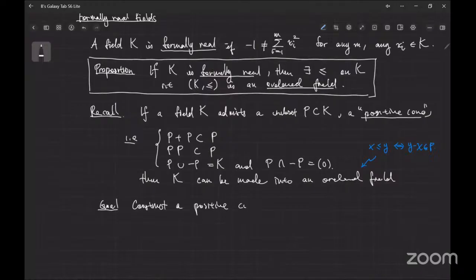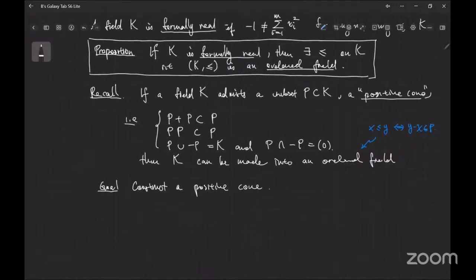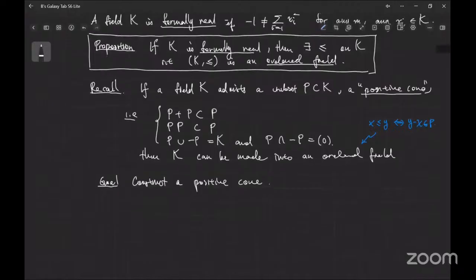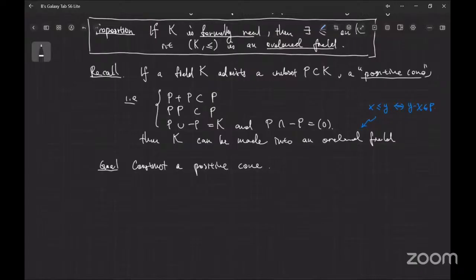All right. So how do we do this? The idea is we're going to somehow first create these pre-positive cones and then exploit Zorn's lemma to find the maximal element being a positive cone. That's the idea. Well, it's a little bit of work.